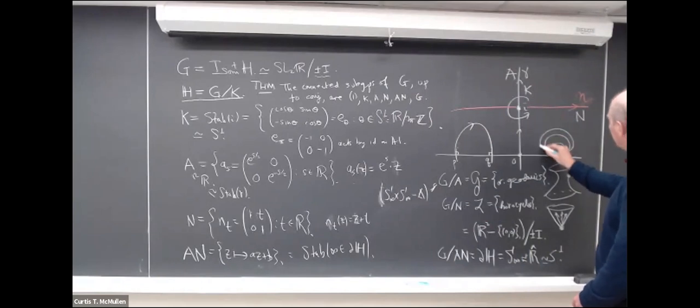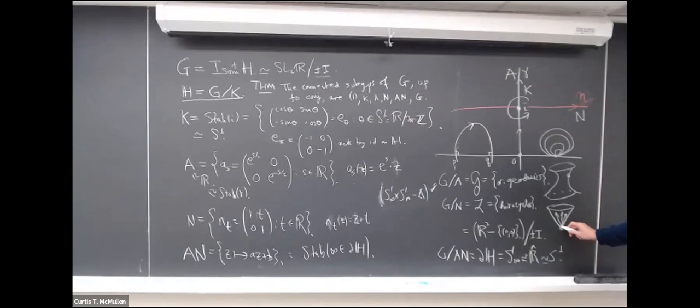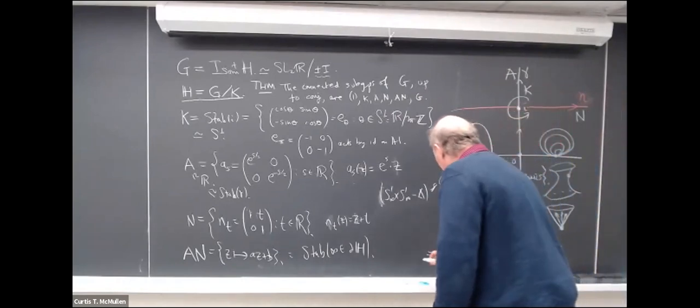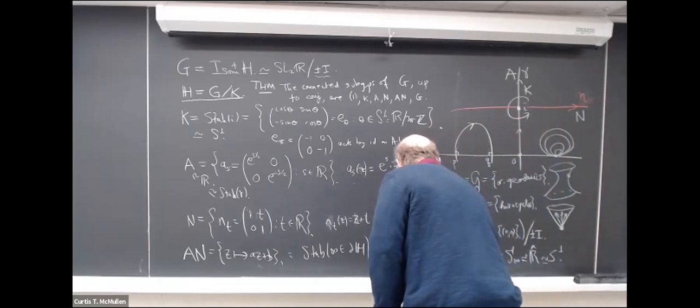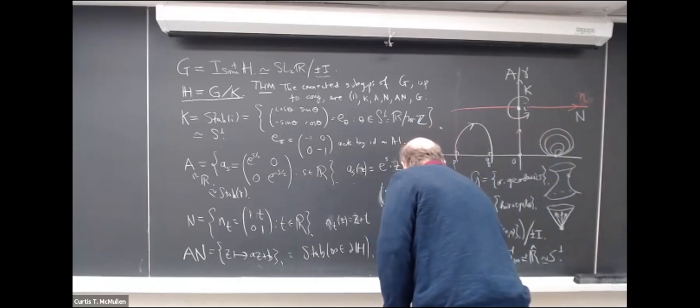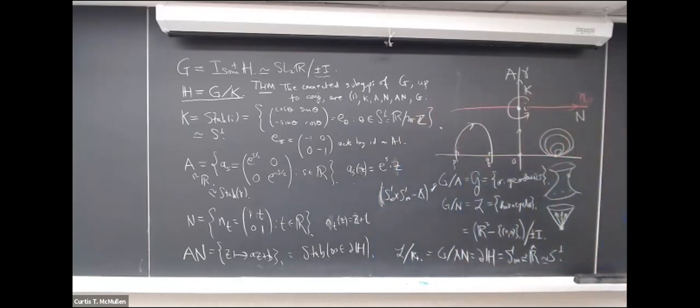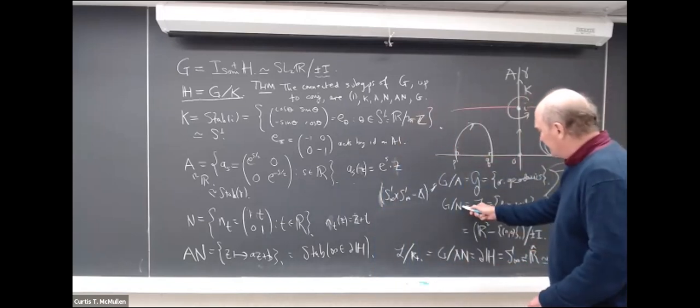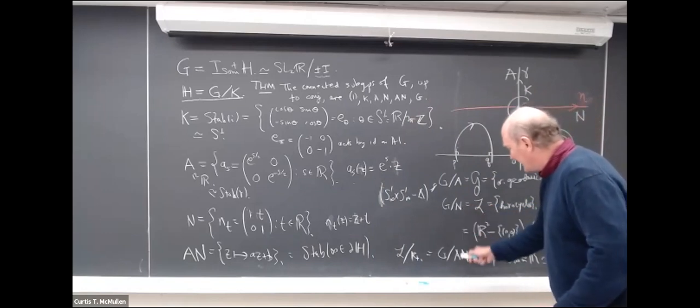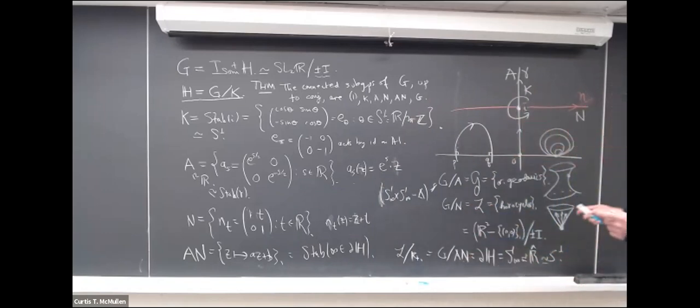You have many concentric horocycles, and those correspond to a single ray in the light cone. So the circle at infinity can itself be thought of as the light cone modulo scaling, so modulo the action of R plus. Of course, it's a further quotient of G mod N. It's G mod N mod A. And A is this scaling factor here.